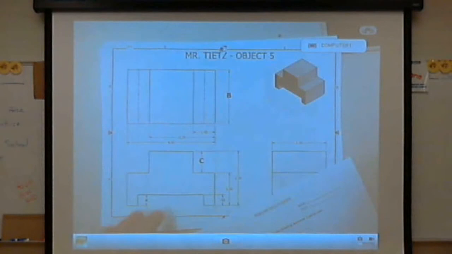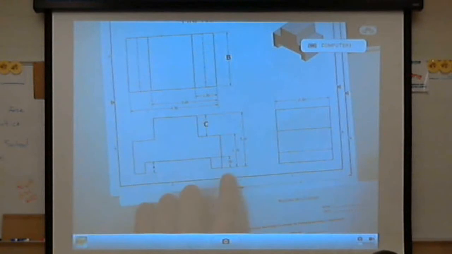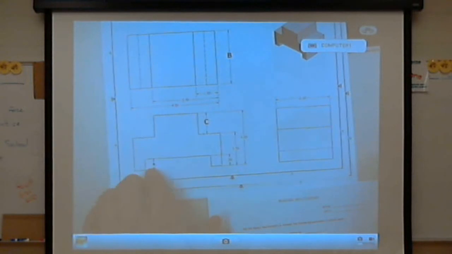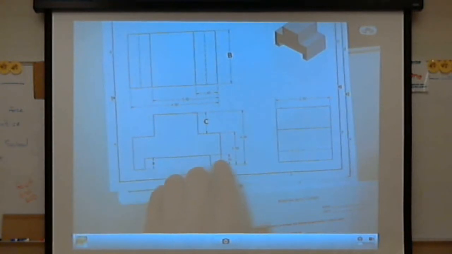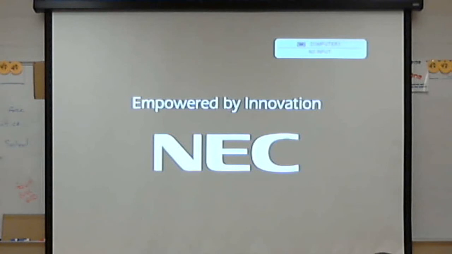How'd you get that? Because it's displayed over here, right? It's asking for the height from line change to line change. So we have over here on our front view our overall height, and that gives me 0.5. So the first one is going to be 0.5 of an inch.